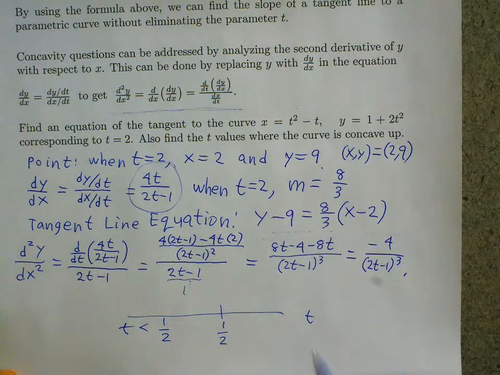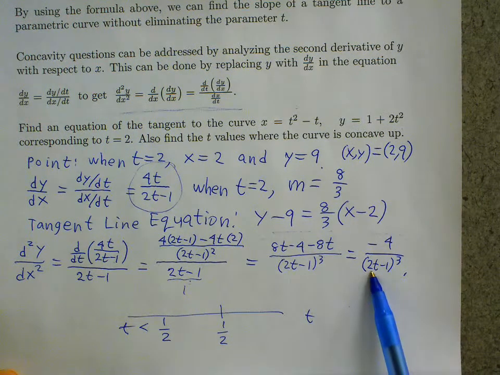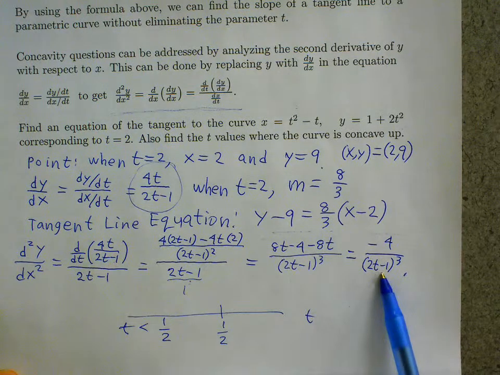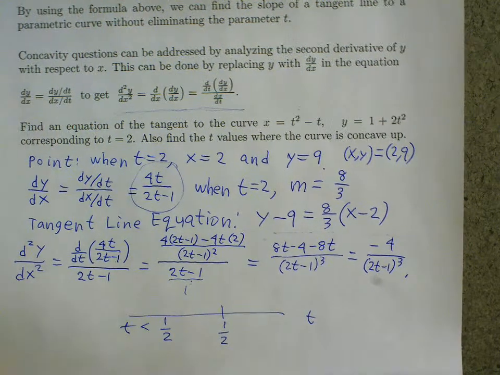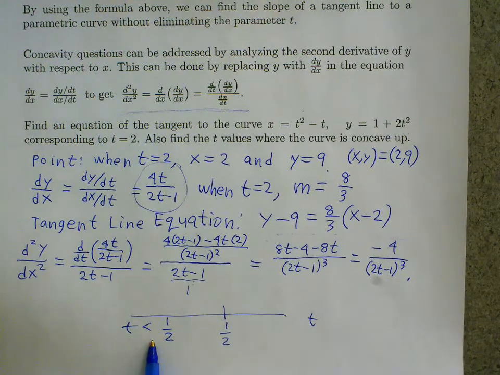If you want to make sure, you can check the other side also. If you pick t to be 1, then 2t minus 1 is 2 times 1 minus 1, which is just 1, and we get a negative number. So yes, the second derivative is positive when t is less than 1/2.